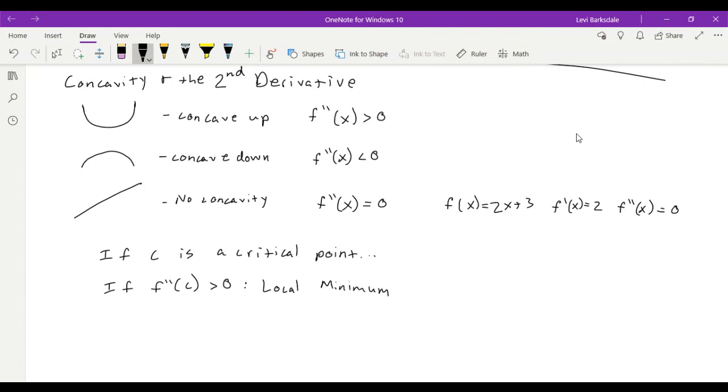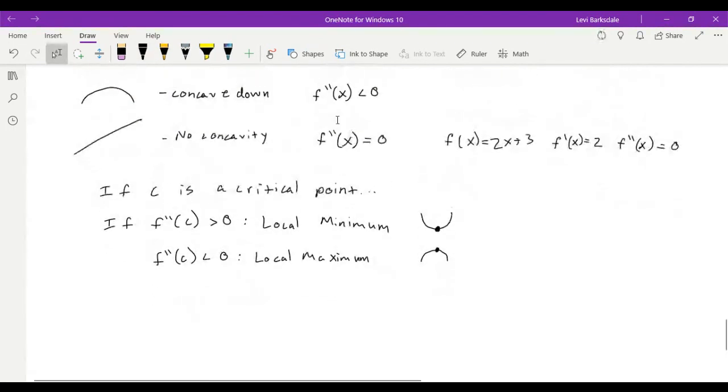And the reason being, when we have this greater than 0, that means we have a concave up shape. So our minimum would occur at the bottom of that bowl. And if our second derivative at that c is smaller than 0, we have a local maximum. And again, that's because we would have a point at like the top of a hill. And if our second derivative is equal to 0, that means we have neither a local maximum nor a local minimum.